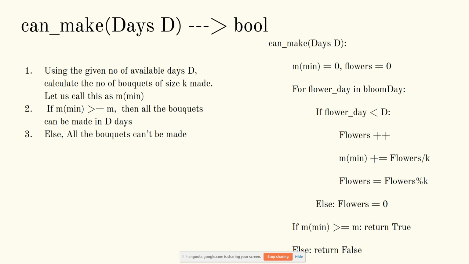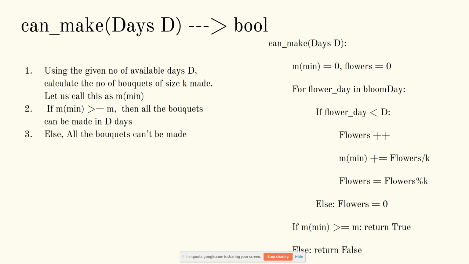So we code this way. We keep a variable called flowers available. For every flower we have a blooming day, which is flower day. If the flower day is less than the available number of days, we keep a count of flowers available for the adjacent flowers, so we increment the number of flowers.